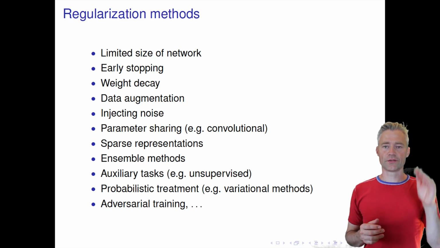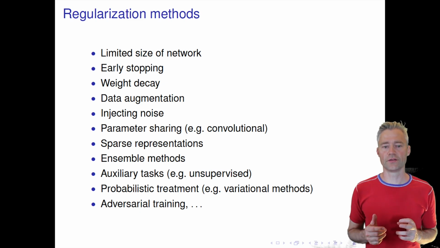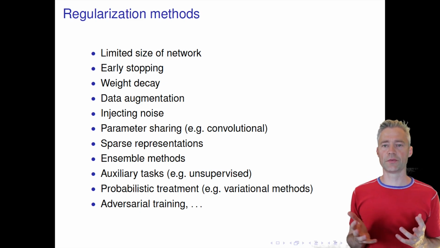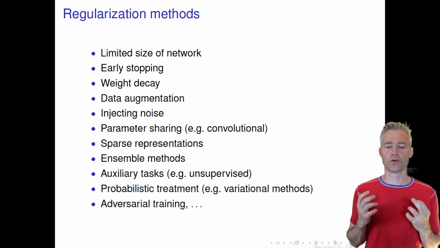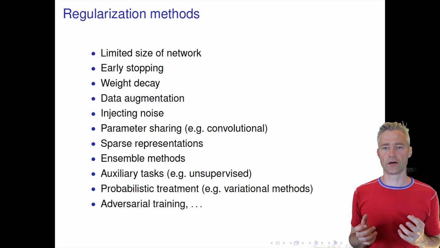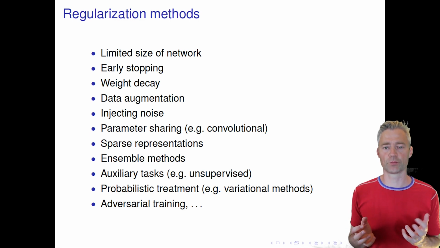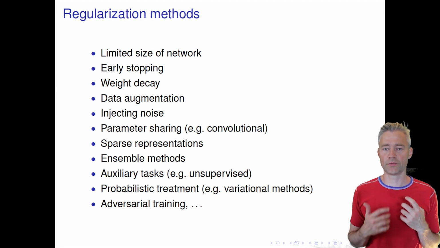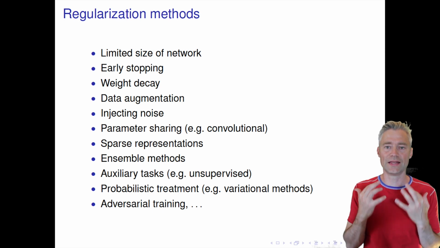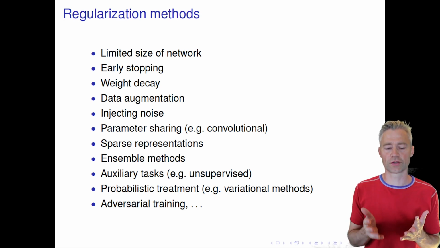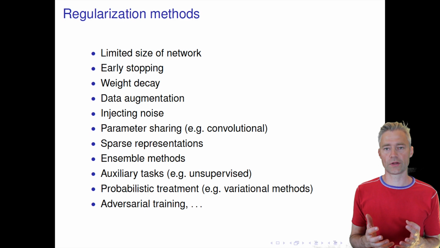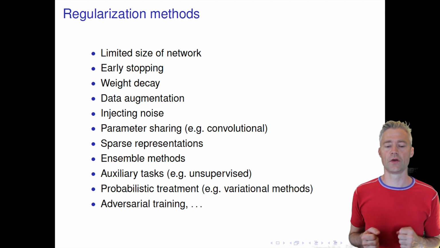So here's a long list of different regularization methods. We can limit the size of the network. This is a little bit against our philosophy of having very flexible models, but we have seen, for example in image recognition, that it's a very successful strategy with convolutional neural networks, where we have a lot of weight sharing.